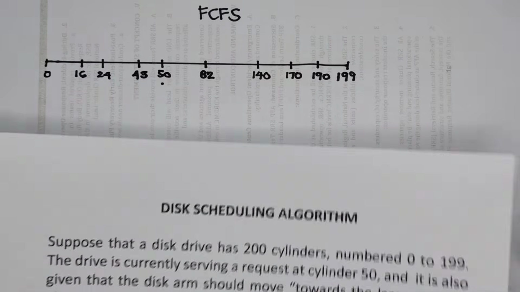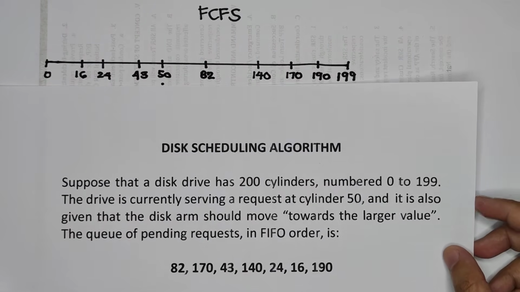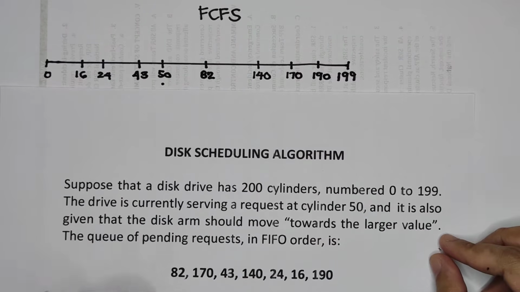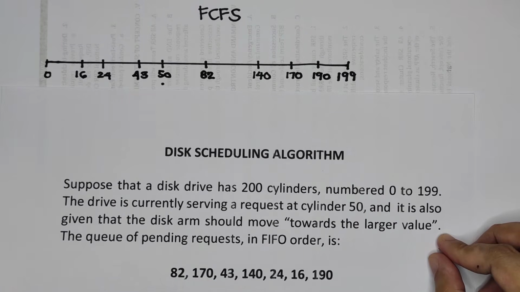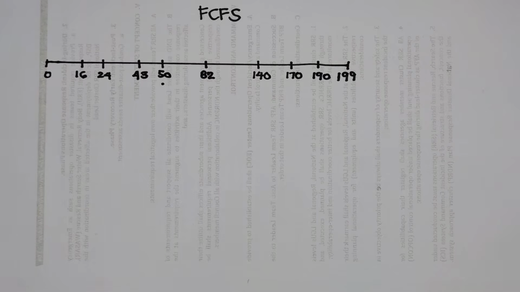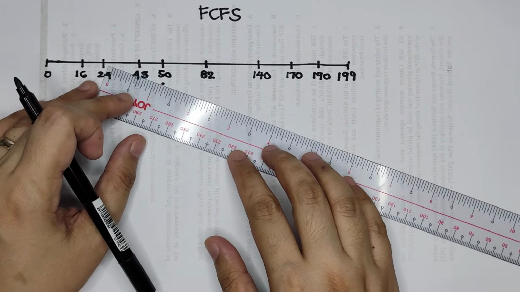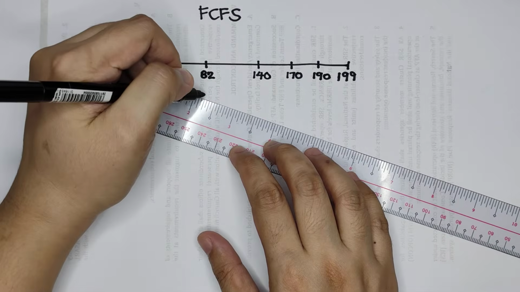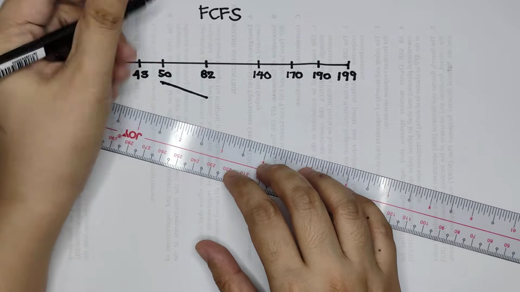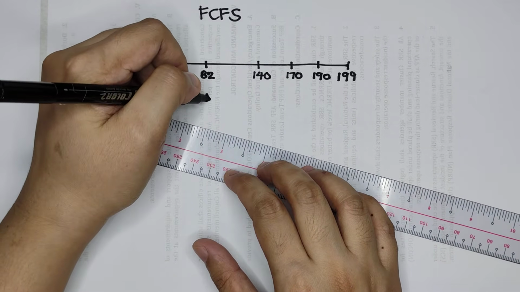As it is said, FCFS depends on the sequence. So first we have 82, from 50 going to 82. Let's draw an arrow.